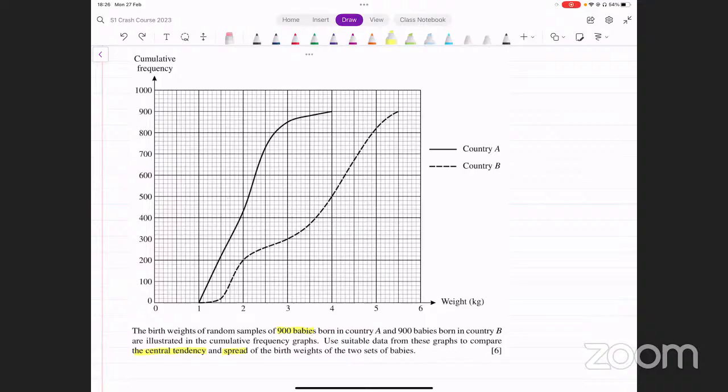And the second thing that you're going to compare is the interquartile range. That's the other thing that you use a cumulative frequency curve for. You can find the interquartile range from this graph as well. Okay, now let's try and do this. Let's see how we can calculate all of those things from this data.